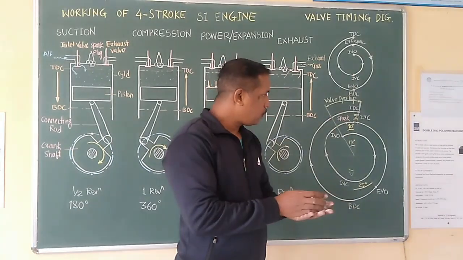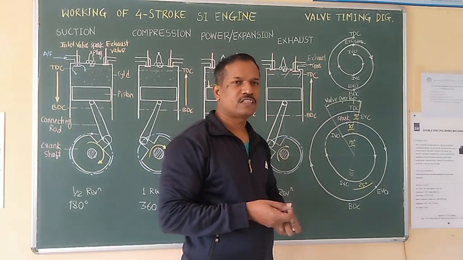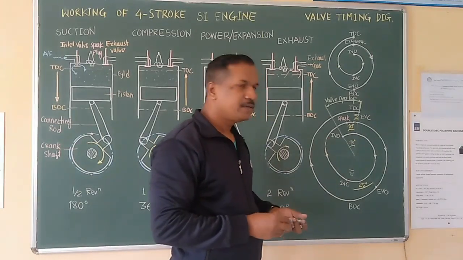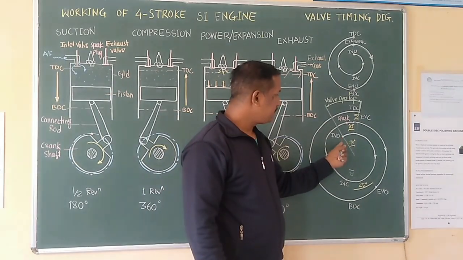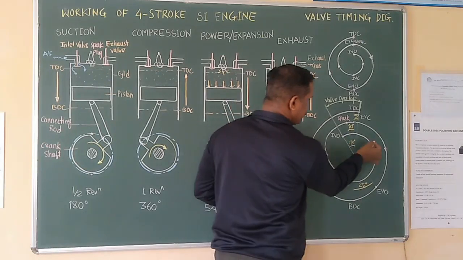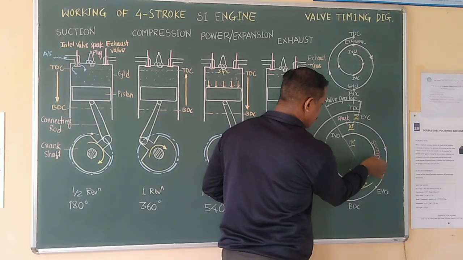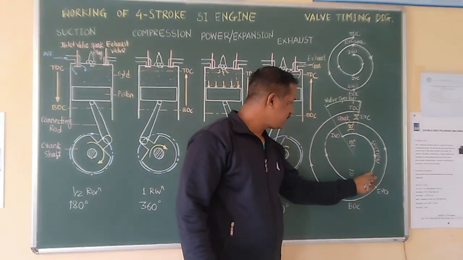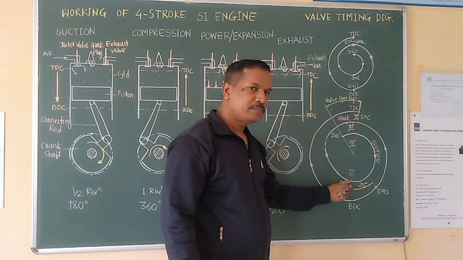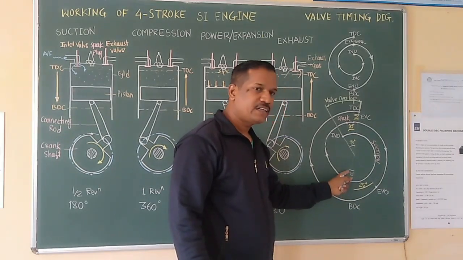This is theoretical. Now when I am trying to explain the working of a 4-stroke SI engine on the valve timing diagram, what will be my explanation? The inlet valve opens 15 degrees before TDC and this continues till the piston moves to BDC, and the inlet valve closes after BDC by 10 degrees.